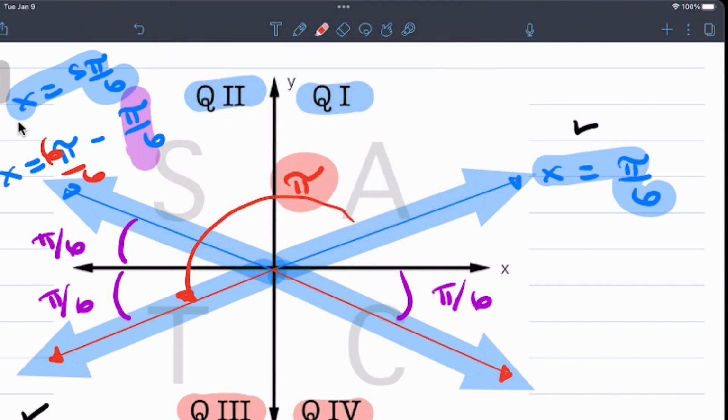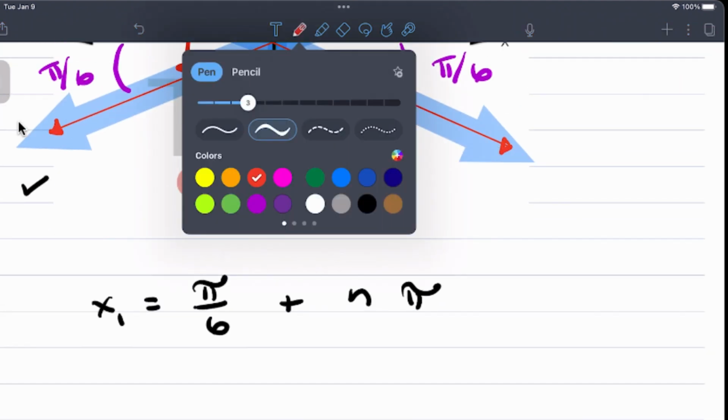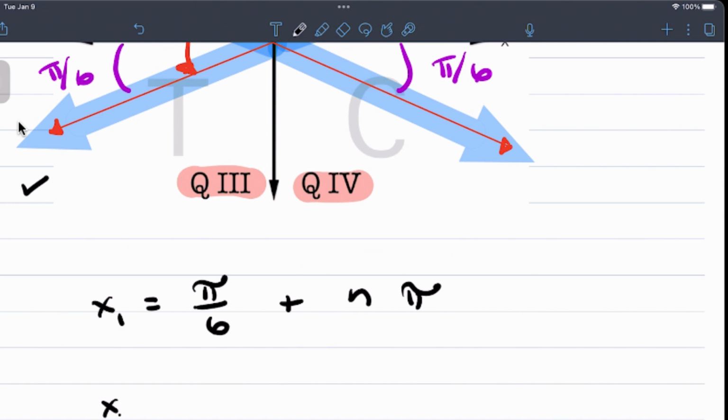And I could now say, take the quadrant 2 solution, because the same exact thing is happening for that solution. Was that 5 pi over 6? Yes.